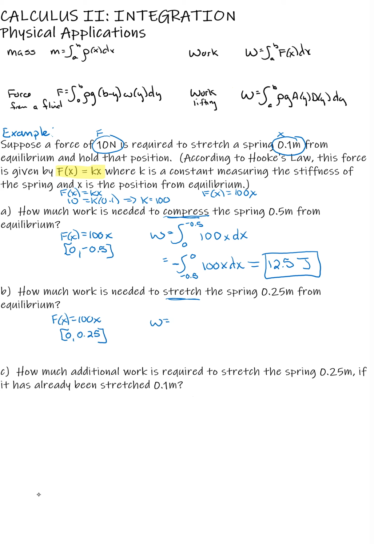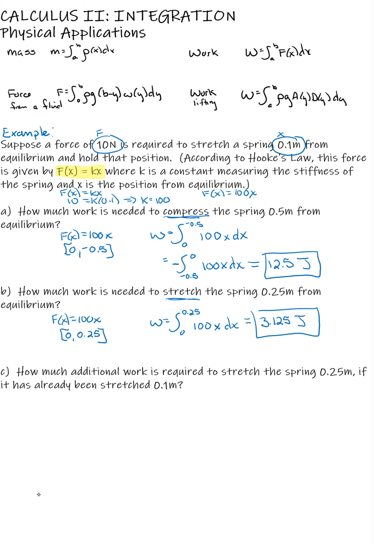We're going to integrate from 0 to 25/100 of our force, 100x, dx. Another pretty straightforward integral to work through. Take a moment and go through that, but you should end up with 3 and 125 thousandths. Again, this is in joules.